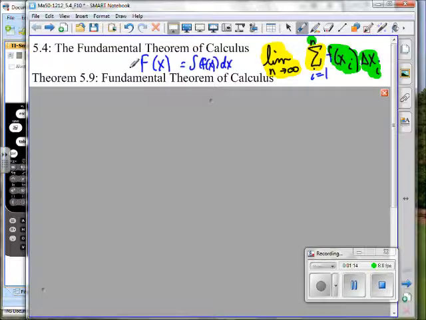Okay? So we have these pieces, section 5.1, section 5.2. We looked a little bit at this in section 5.3, but now we come to the most important section of all, 5.4. And it's the fundamental theorem of calculus. How do we merge?